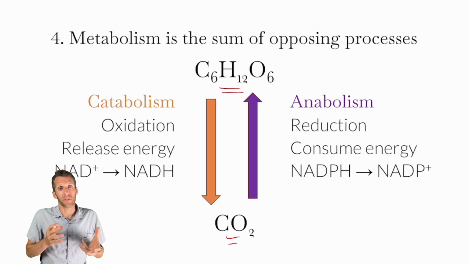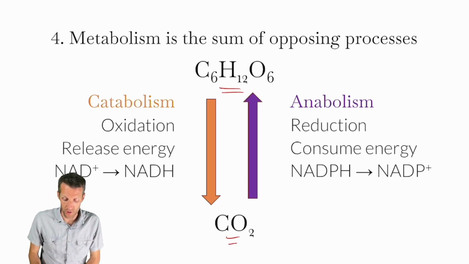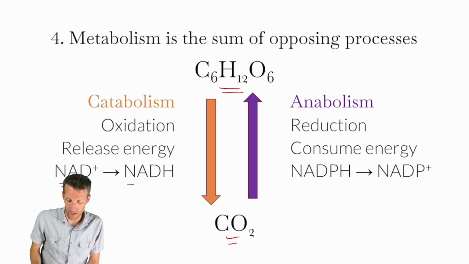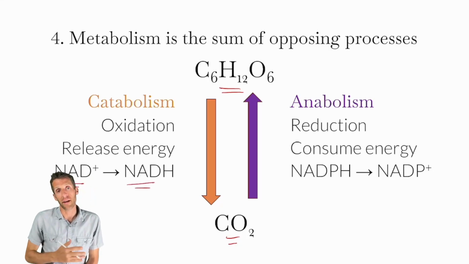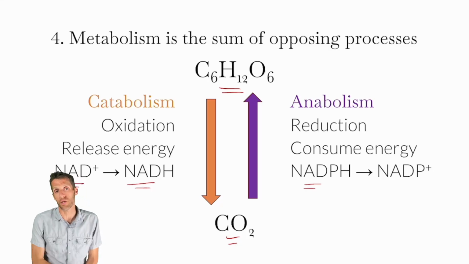They actually have different redox partners, and we're going to get into redox chemistry in detail in a few videos, but just for now, I'll point this out. In catabolism, what we tend to see is a molecule of NAD+ picking up electrons and doing redox chemistry and becoming NADH. And in anabolism, what we tend to see is a molecule of NADPH, which is very similar to the other molecule, but slightly different.